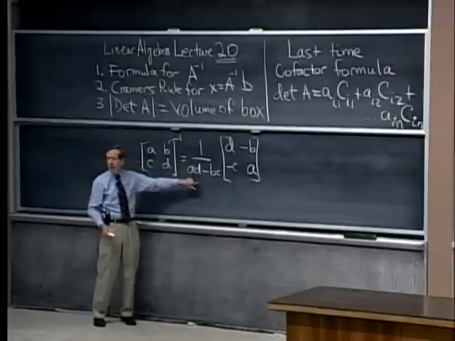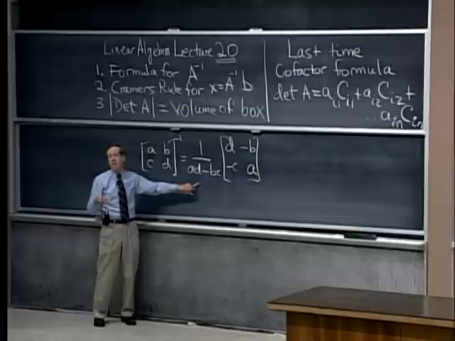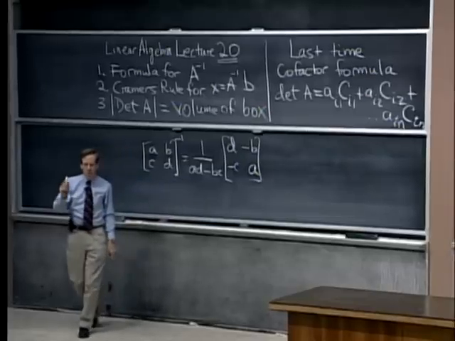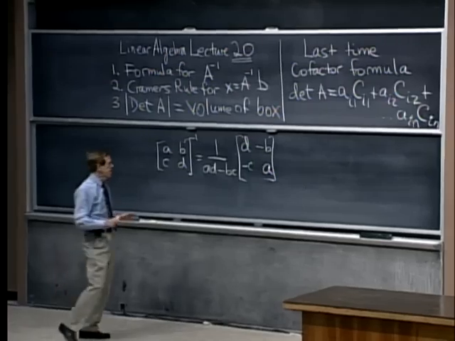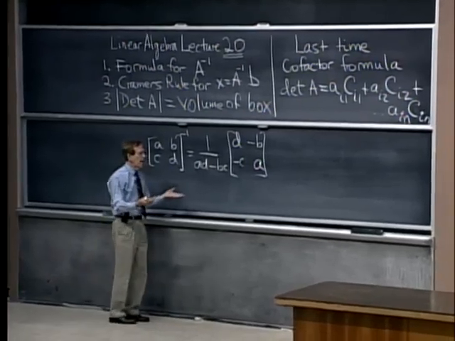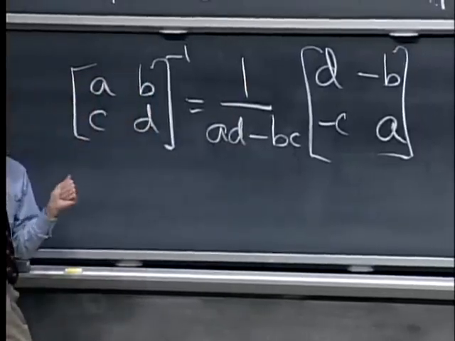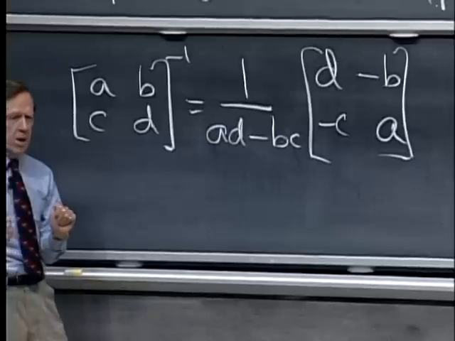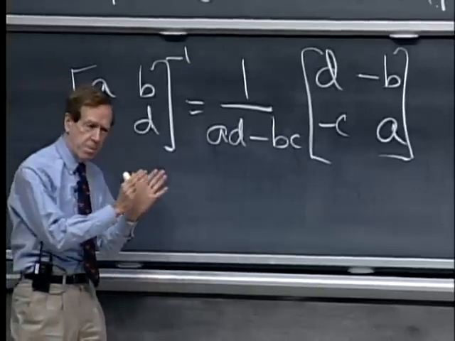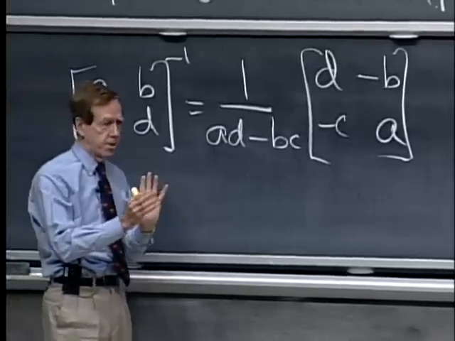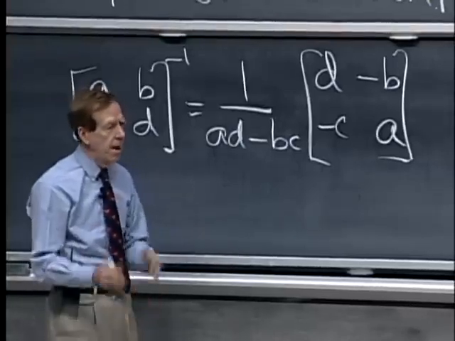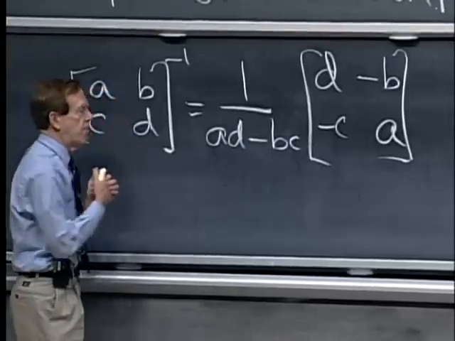And what did I divide by? The determinant. So what I'm looking for is a formula where it has 1 over the determinant. And you remember why that makes good sense, because then that's perfect as long as the determinant isn't 0. And that's exactly when there is an inverse.